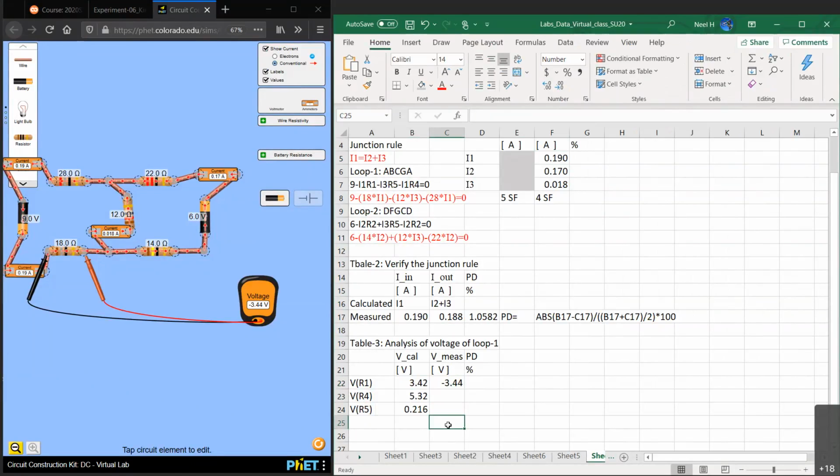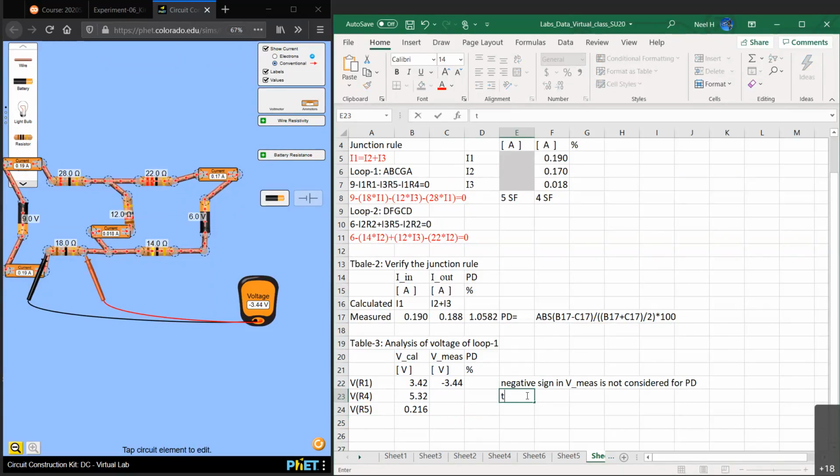This negative sign in what we measured is not considered for PD cal. Okay, when you do the PD cal, do not consider that.